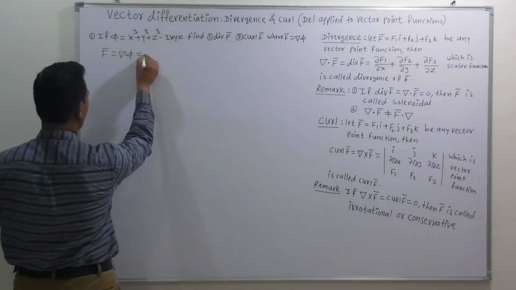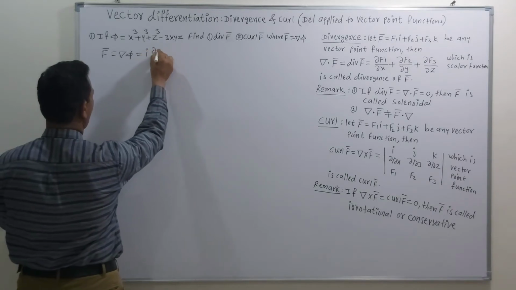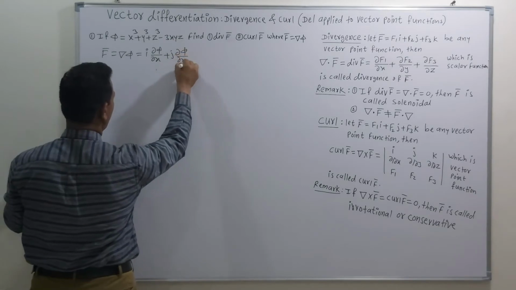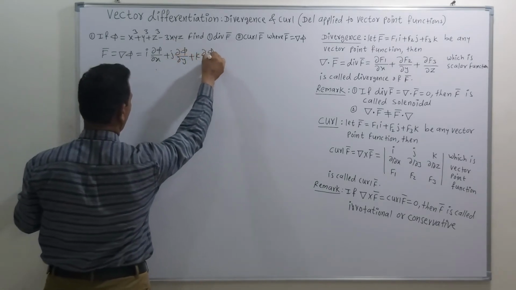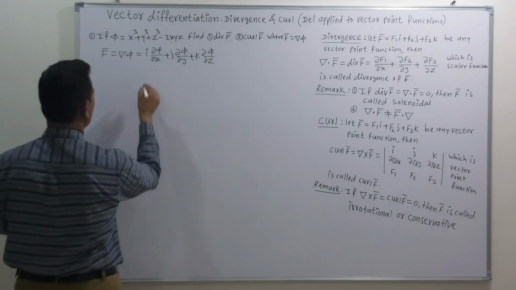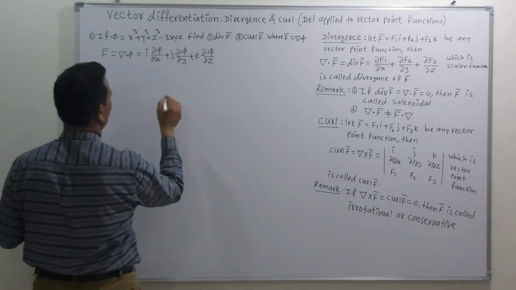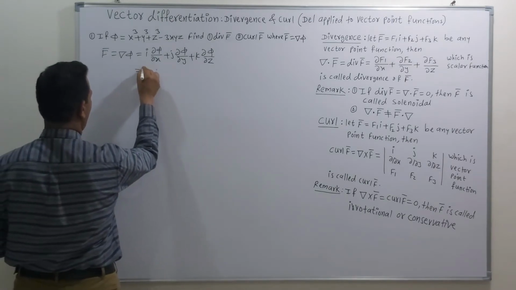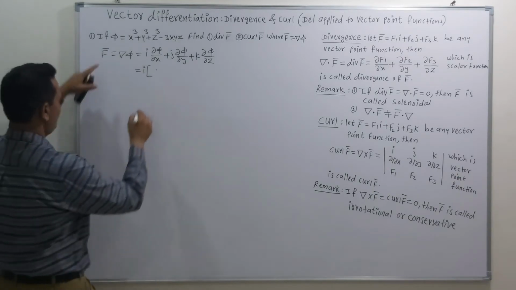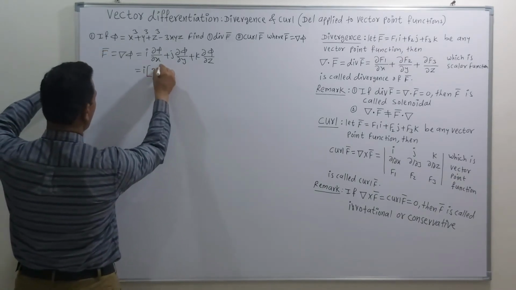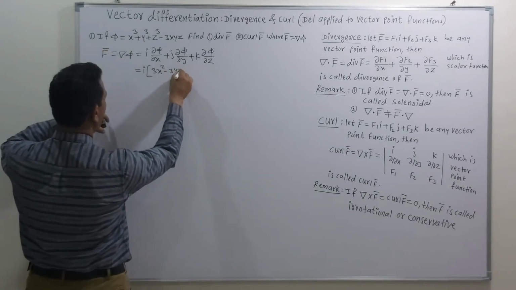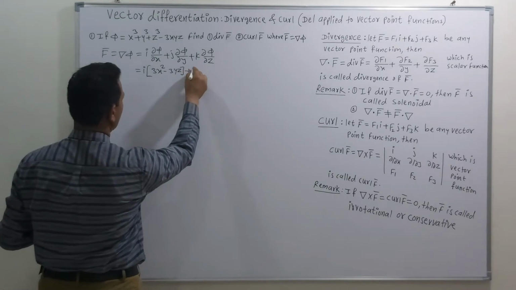So now the gradient of phi is defined as i times the partial derivative of phi with respect to x, plus j times the partial derivative of phi with respect to y, plus k times the partial derivative of phi with respect to z. Let me take these partial derivatives with respect to i, j, k. We can write this as i, then the partial derivative of this phi term with respect to x is 3x square minus 3yz, plus j.